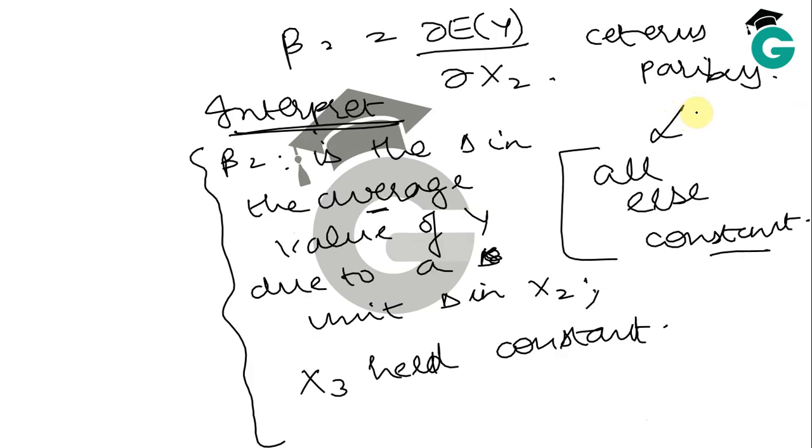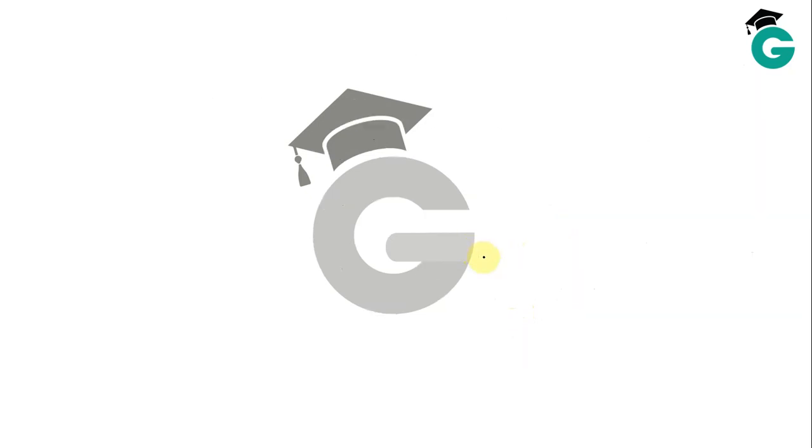So beta 2 is the change in the average value of y due to a unit change in x2, x3 held fixed. Had there been x3 and x4 in the equation, you would say x3 and x4 held constant. So ceteris paribus means all else constant; the only thing that changes is x2 in this case, and so on.